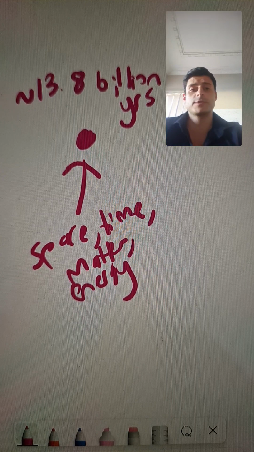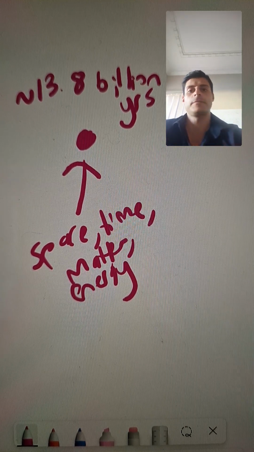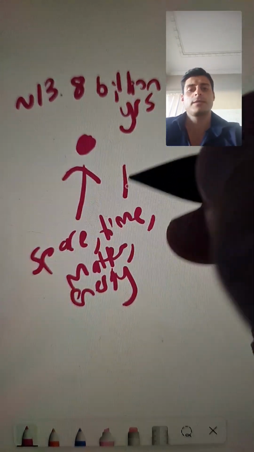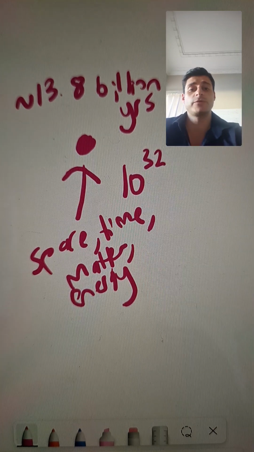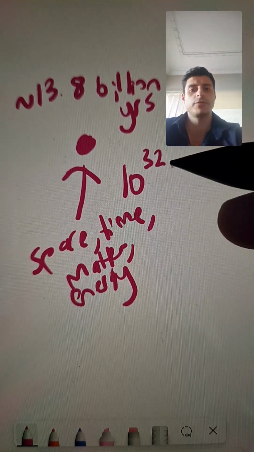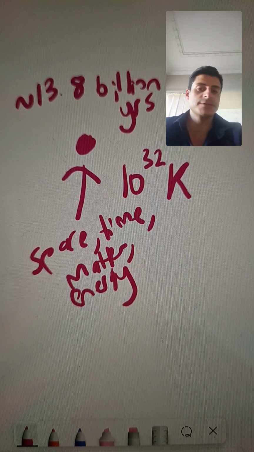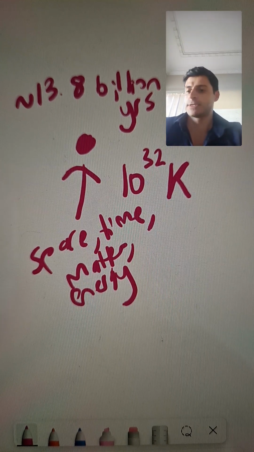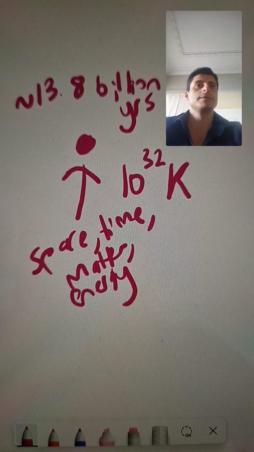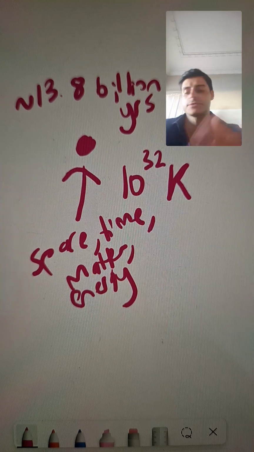It differs from theories, maybe slightly, maybe by large amounts, but 10 to the 32, so it's 1 followed by 32 zeros, degrees Kelvin, capital K. Named after Lord Kelvin, renowned physicist. Physicists like to use Kelvin. It's an internationally recognized unit for temperature rather than Celsius or Fahrenheit.